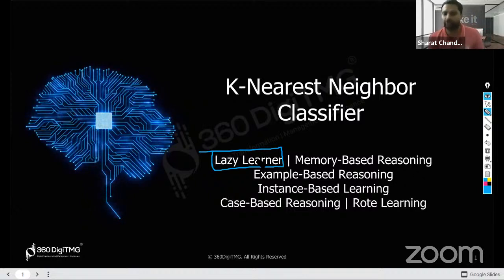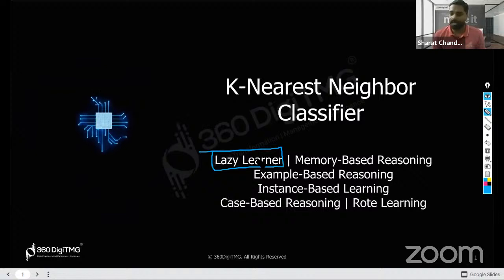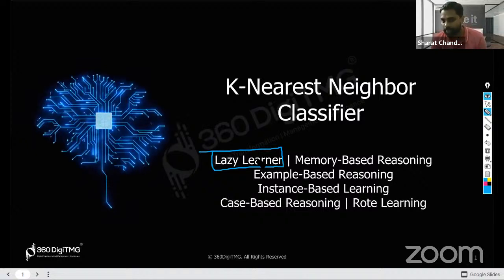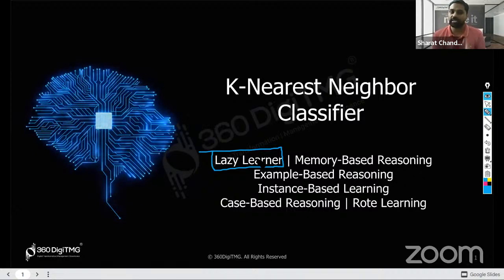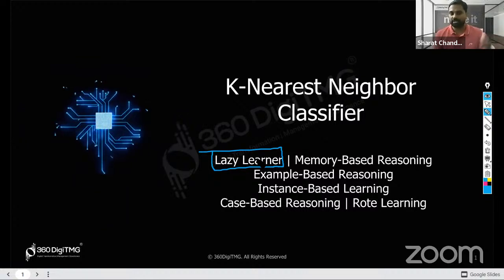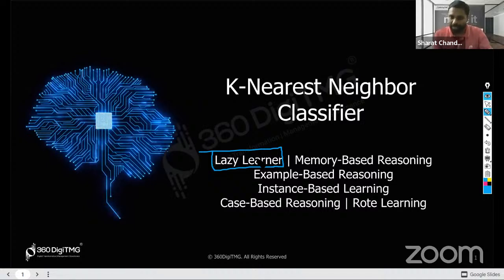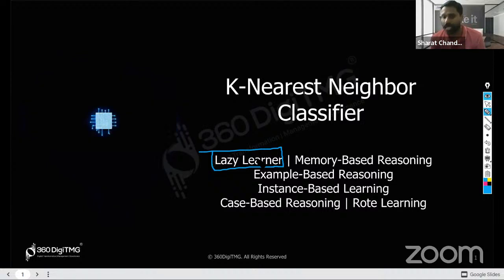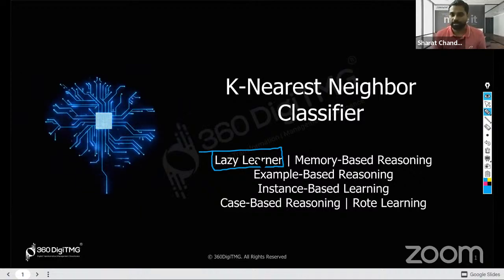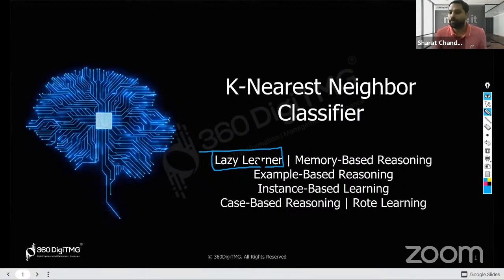Whatever we train on the historical data, it is not trying to learn the pattern. It just does the distance calculations. And whenever we ask a question to the algorithm, it takes the distances and then gives the results. Only when we predict do the calculations happen. Until then, it waits. And this basically puts a lot of computation burden when you have larger data sets.